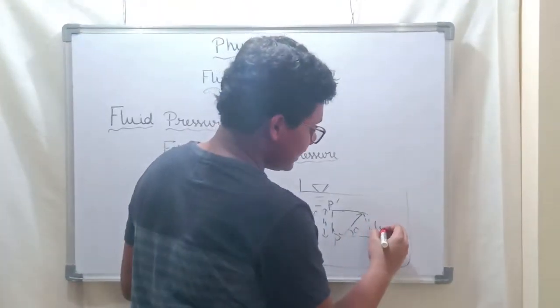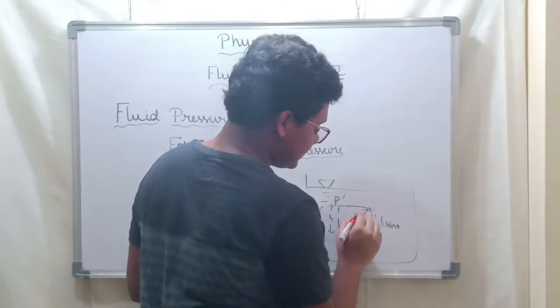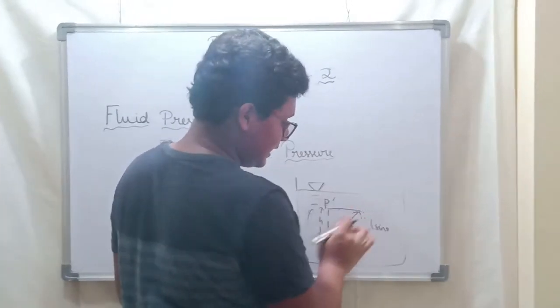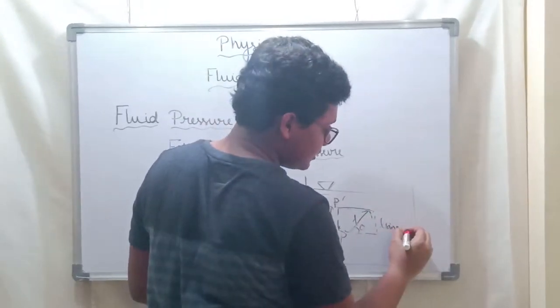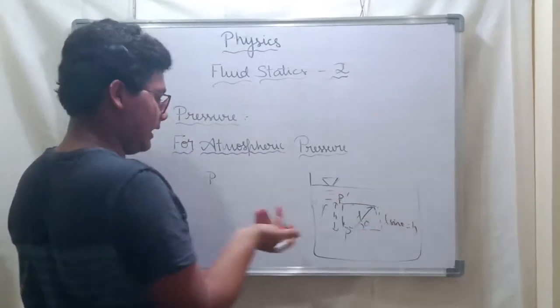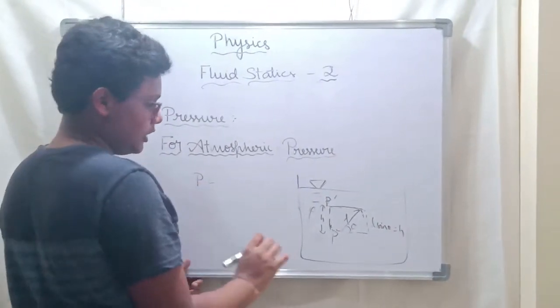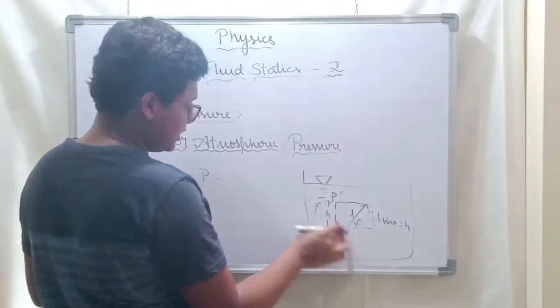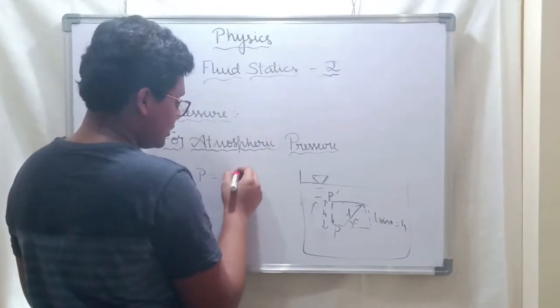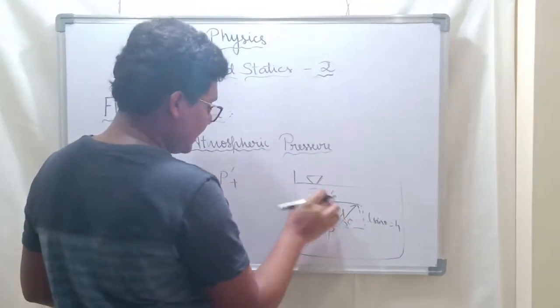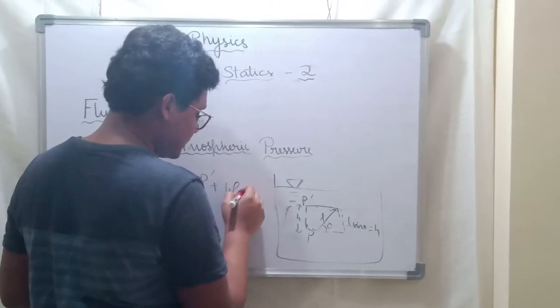We will take this length as L, and L sin theta is equal to h, so we take that height as usual as h. So the pressure at this point P is the pressure at point P dash plus h rho g.